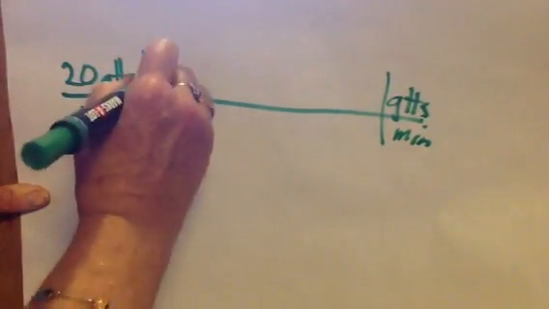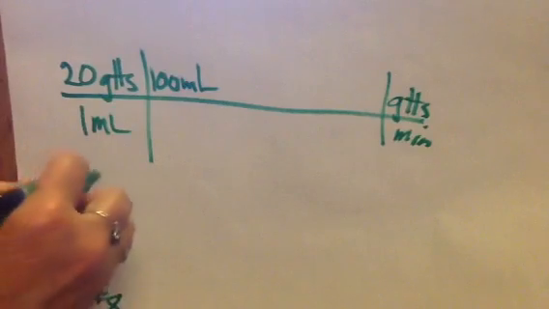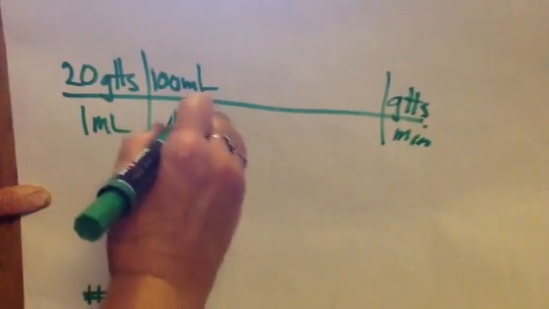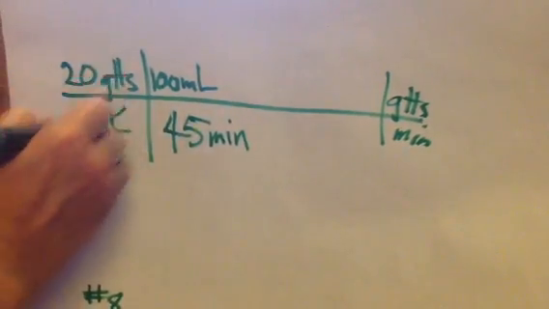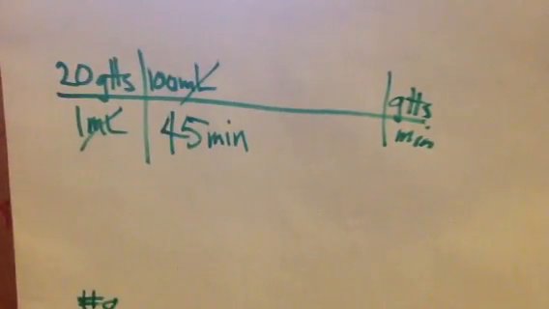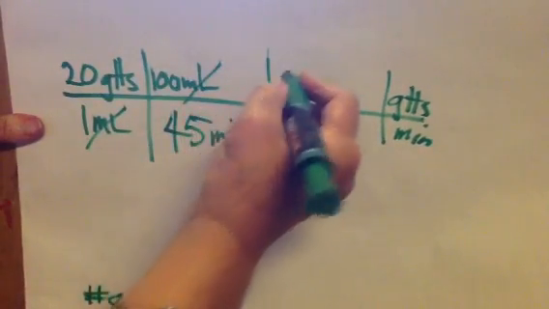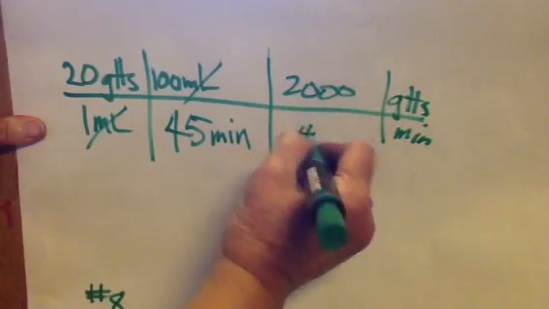We have 100 milliliters we want to give. We want to give that over 45 minutes. So we have everything that we're looking for there. When we do the math, we have 2,000 divided by 45.